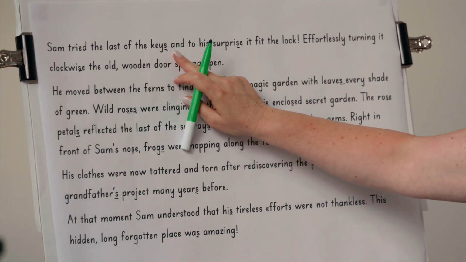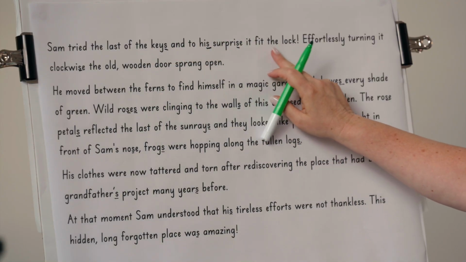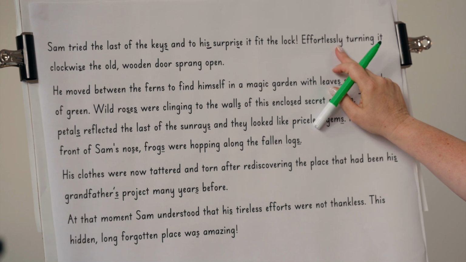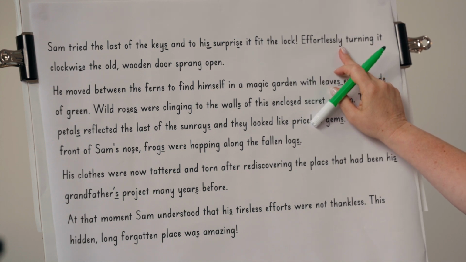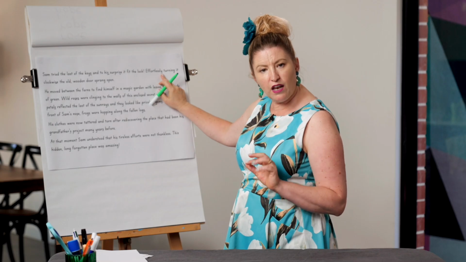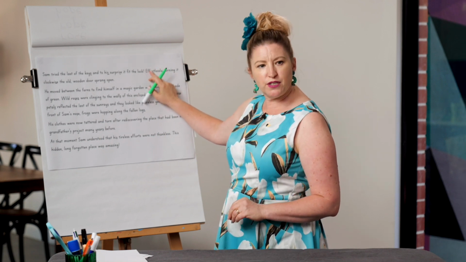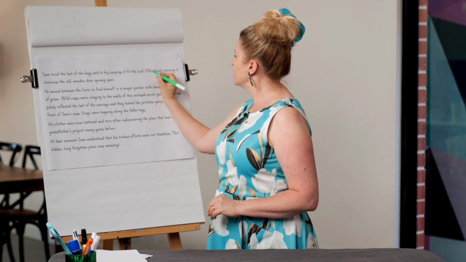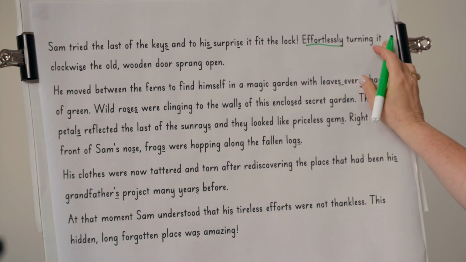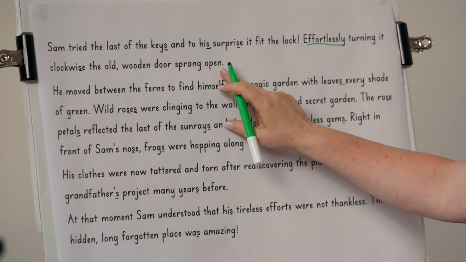Sam tried the last of the keys and to his surprise, it fit the lock effortlessly. Ooh, it's got two suffixes on the end of it, less and ly. So he did it without effort, effortlessly. So there we go, effortlessly, turning it clockwise, the old wooden door sprang open.